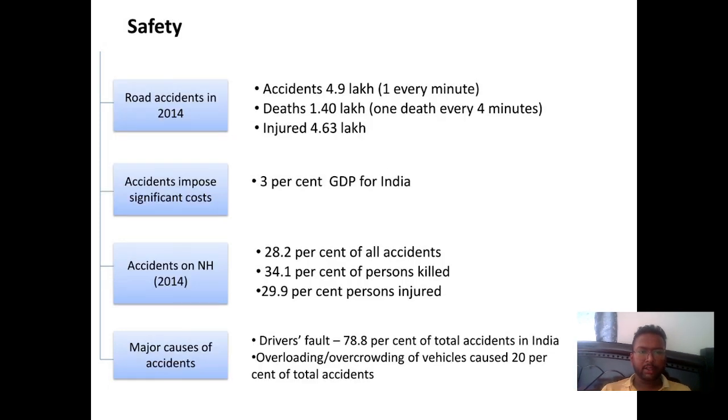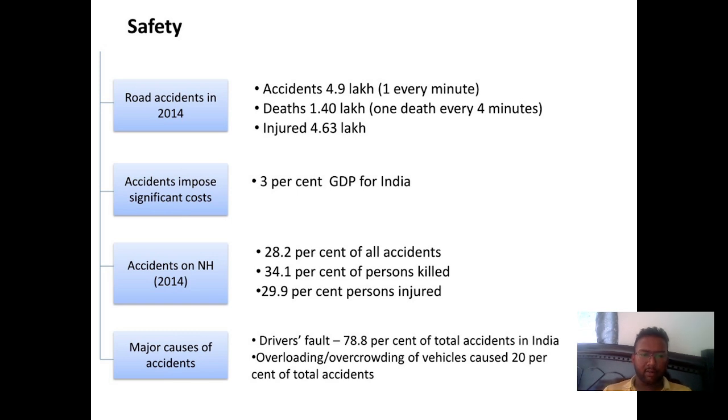Safety. Road accidents in 2014: the number of accidents was 4.9 lakhs, one every minute, and deaths were 1.4 lakhs, one death every 4 minutes. Injuries were about 4.63 lakhs. Accidents impose significant costs: 3% of India's GDP is spent on them.